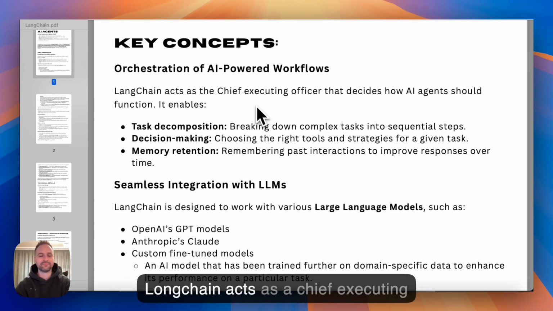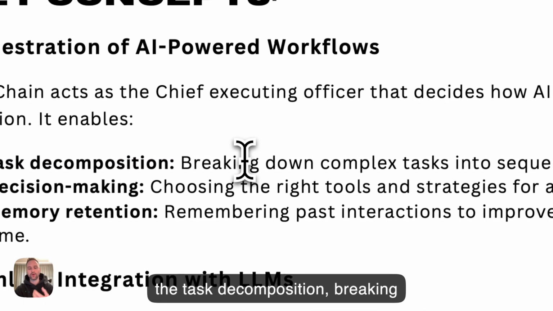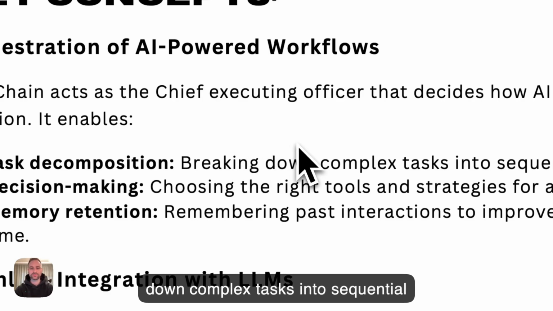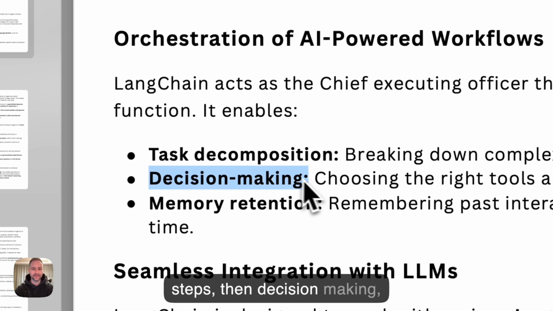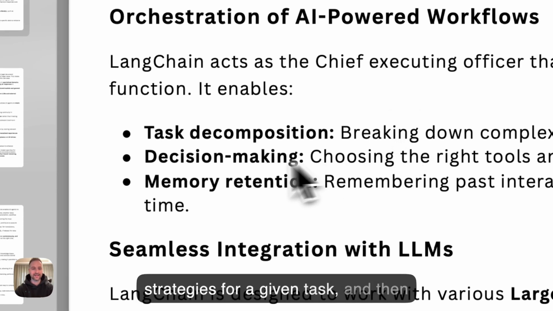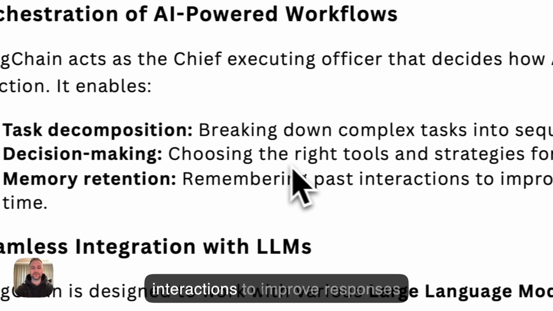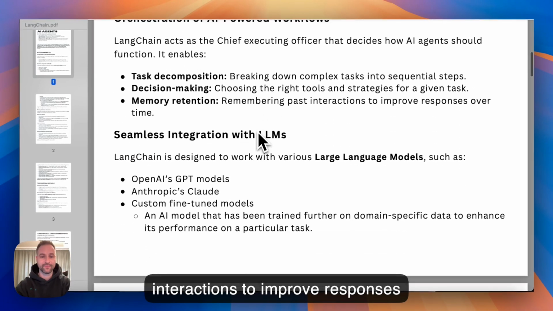LangChain acts as a chief executive officer, if you want, that decides how AI agents should function. It enables task decomposition, breaking down complex tasks into sequential steps, then decision-making, choosing the right tools and strategies for a given task, and then memory retention, remembering past interactions to improve responses over time.